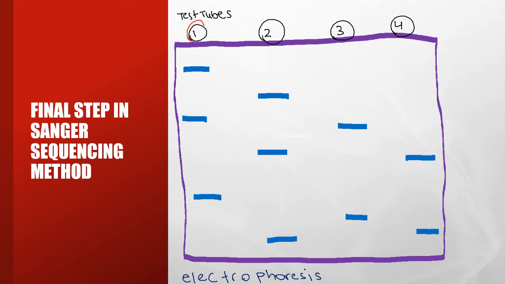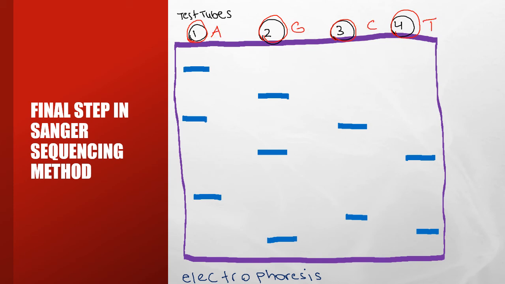Remember that all of our 4 test tubes were radio-labeled. Test tube number 1 was ddATP, test tube 2 was ddGTP, test tube 3 was ddCTP, and test tube 4 was ddTTP.